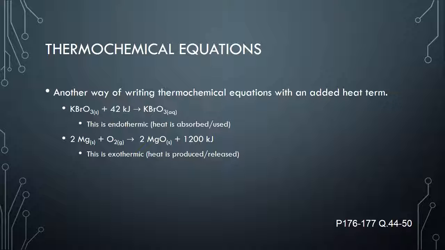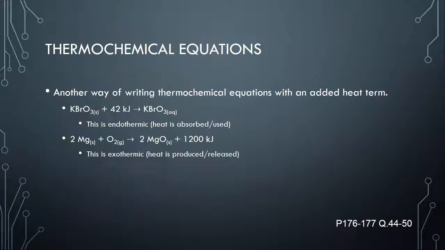Or you could be getting heat out, and you can include that in your thermochemical equation. So 2 Mg plus O2, you're burning magnesium, and that releases a lot of energy, 1200 kilojoules, and forms magnesium oxide. And we know that's exothermic, heat and light are produced.